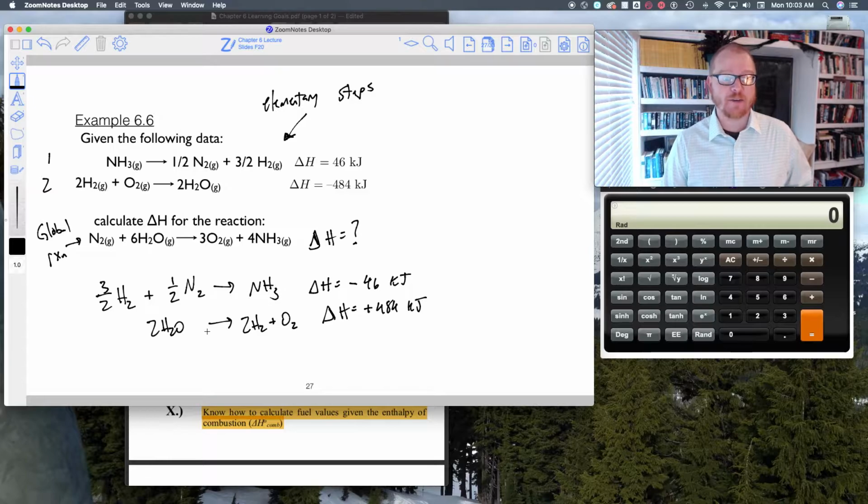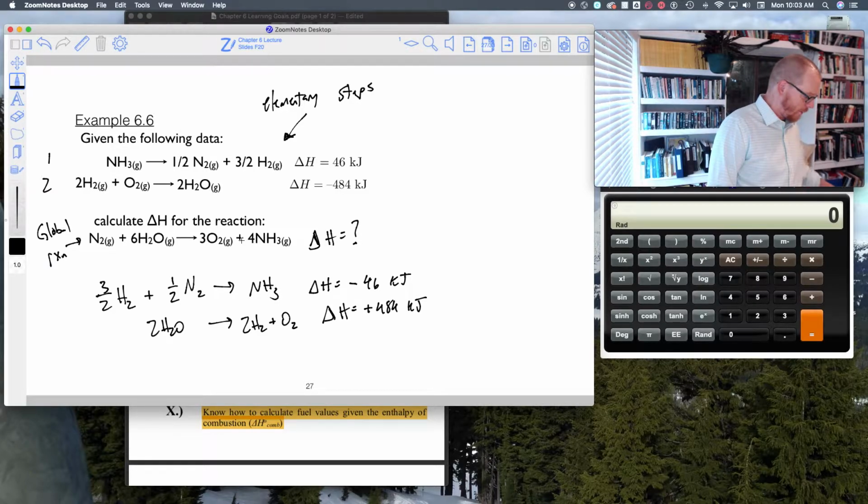But now what I'm going to have to do is multiply these reactants just like we did with balancing redox reactions to get the right number of reactants. Okay. So the first thing I notice is I need 4 of these ammonias, and actually what I'm realizing is, let's see, I'm looking at my cheater notes, and I think that I have a typo in this problem.